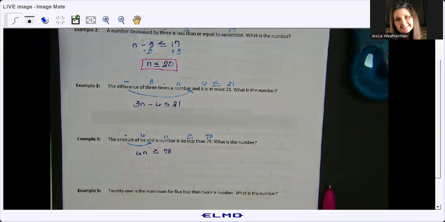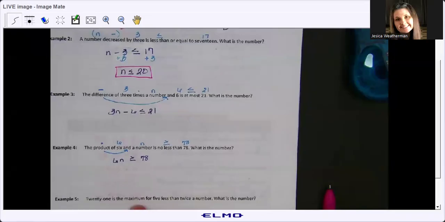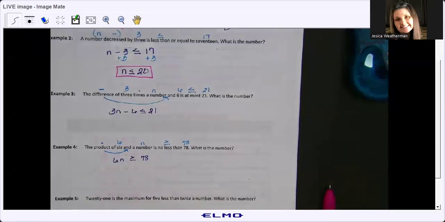Now here's what we're going to do. We'll come up with the inequality for 5. When I'm done, I want you to solve those 3, but then I want you to try coming up with the inequality for 6 on your own.